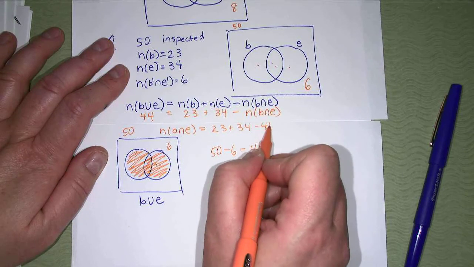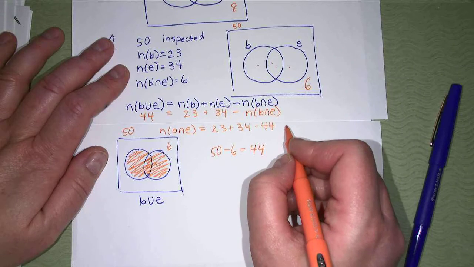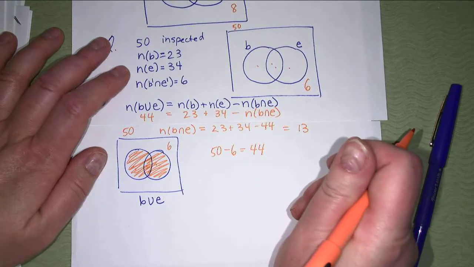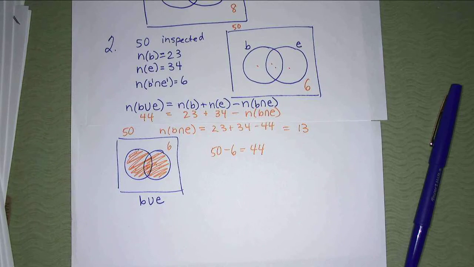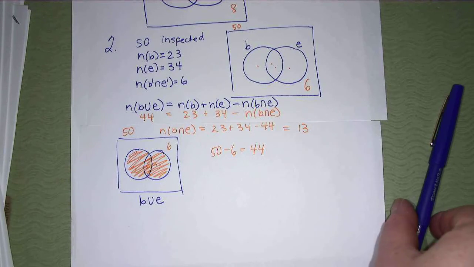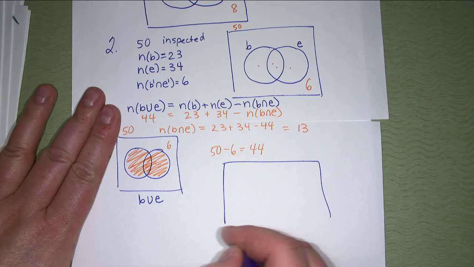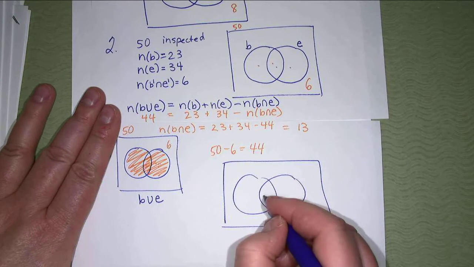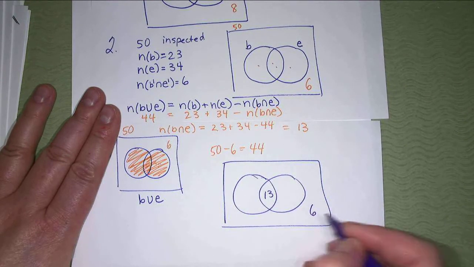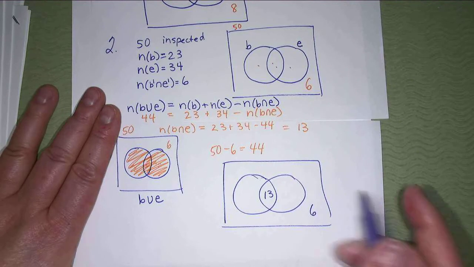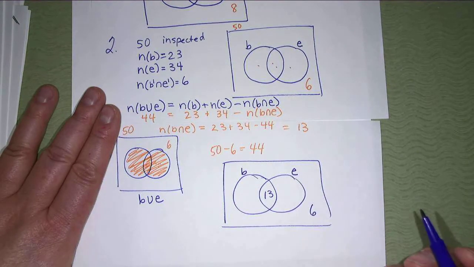Just rearranging it. 13. So this is 13. This is 6. And then you can subtract your way out.